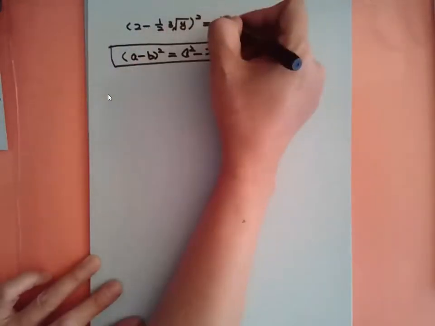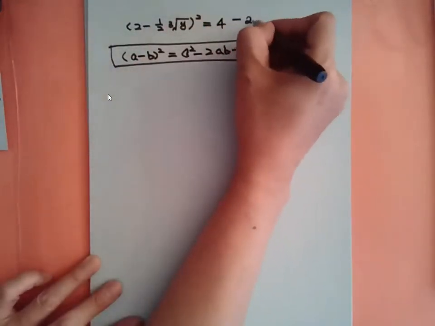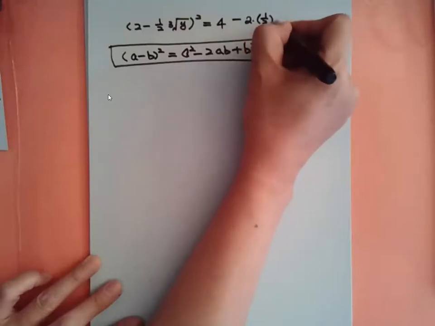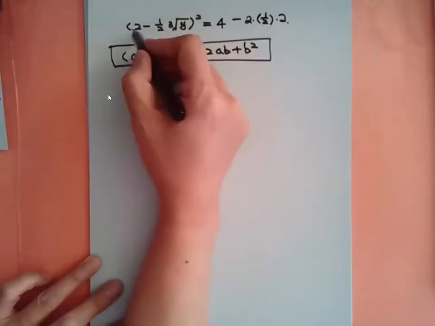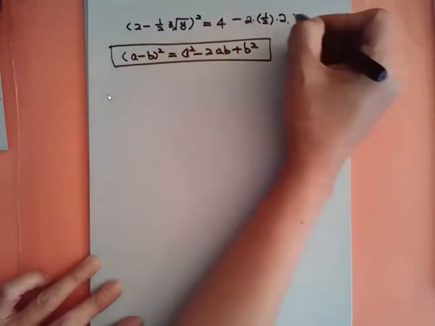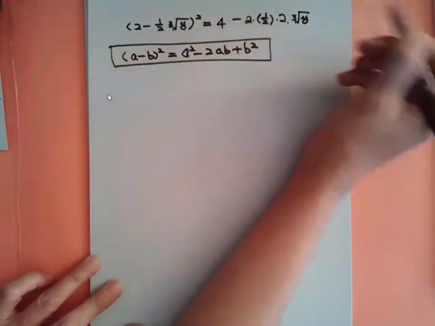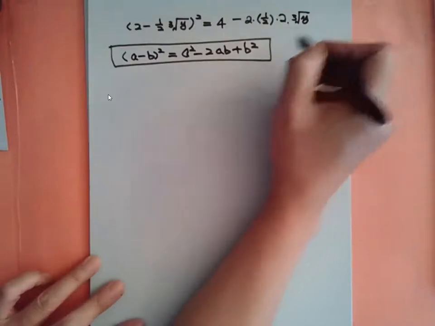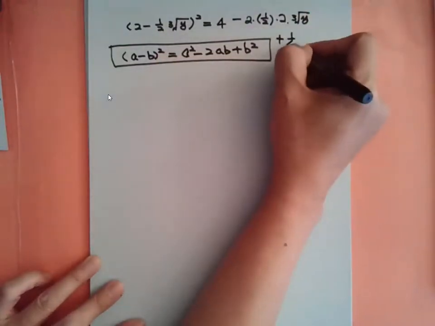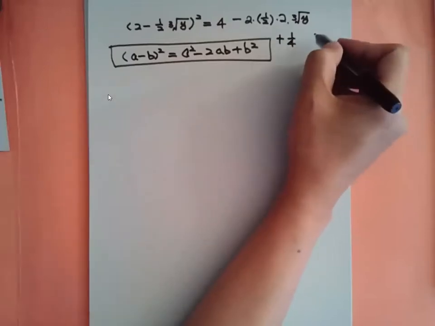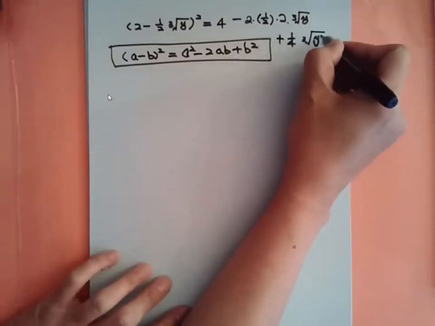So the first one squared is 4, minus 2 times 1 over 2 times 2, the multiplication of these, and the cube root of y, plus this one squared, which is 1 over 4 cube root of y squared.